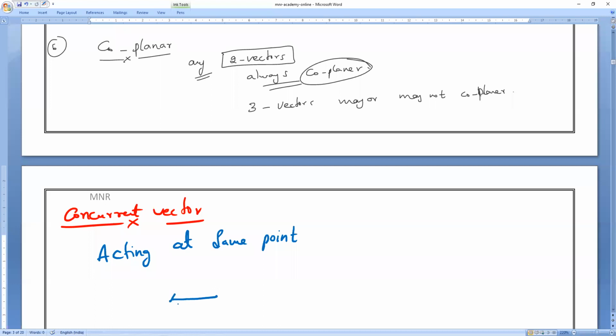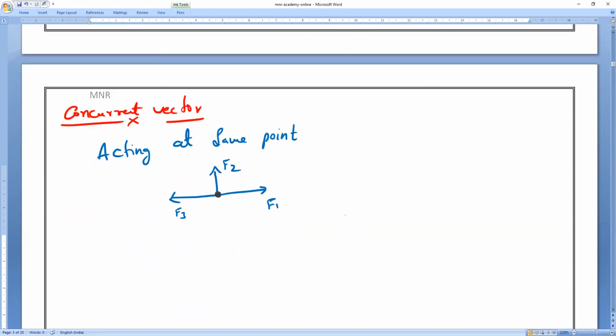For example, this is one vector, this is the point, this is another vector, and this is another vector. Let me take these as F1, F2 and F3. All are acting from the same point. Is it yes or no? Everybody? Then this is called concurrent vectors.